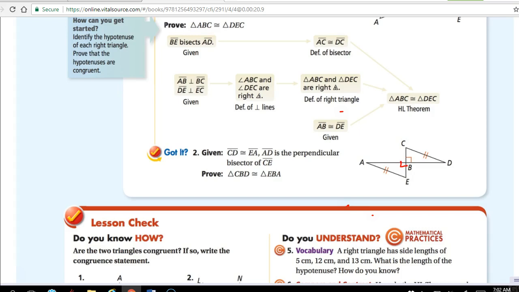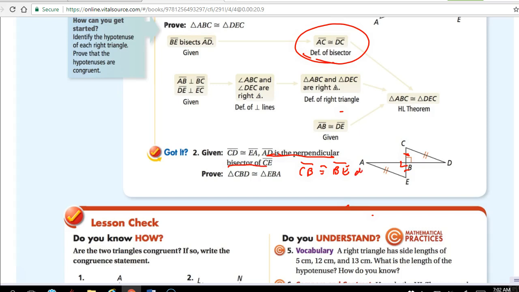And then, as we look at this, we also know, for the same reason as we did right here, that CB is going to be congruent to BE. That right there is going to be congruent to that, because of this statement right here that AD is the bisector of CE.